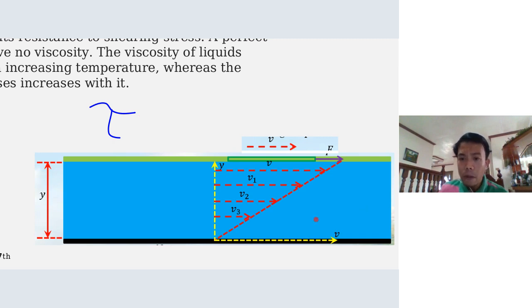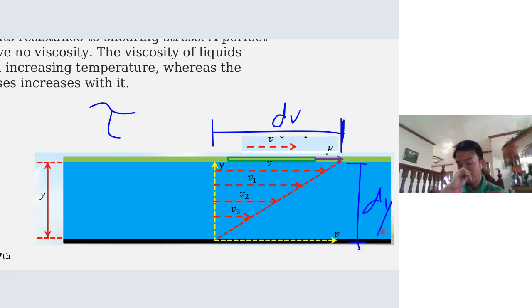Now, we can look again at this velocity gradient, no? And we can notice the slope at different sections. Okay, so we have a slope. So this side can be represented as dV, and then this one can be represented as dy.